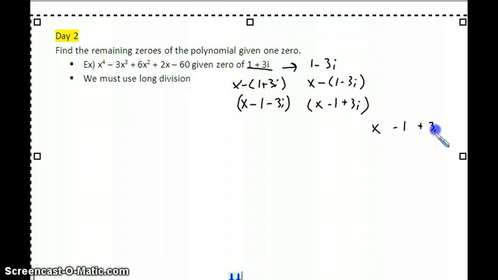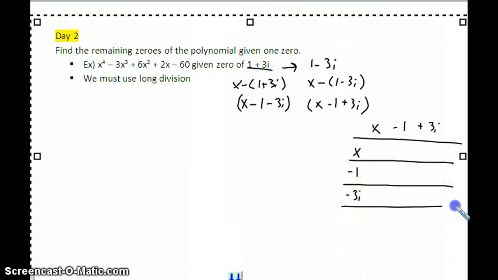So I'm going to make this table here to help me multiply these together. Multiplying together, I'm going to get x squared minus x plus 3ix.